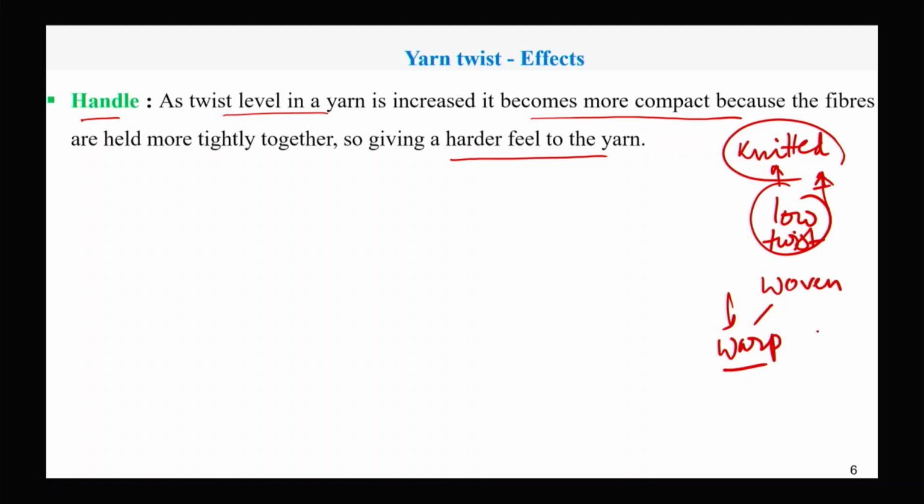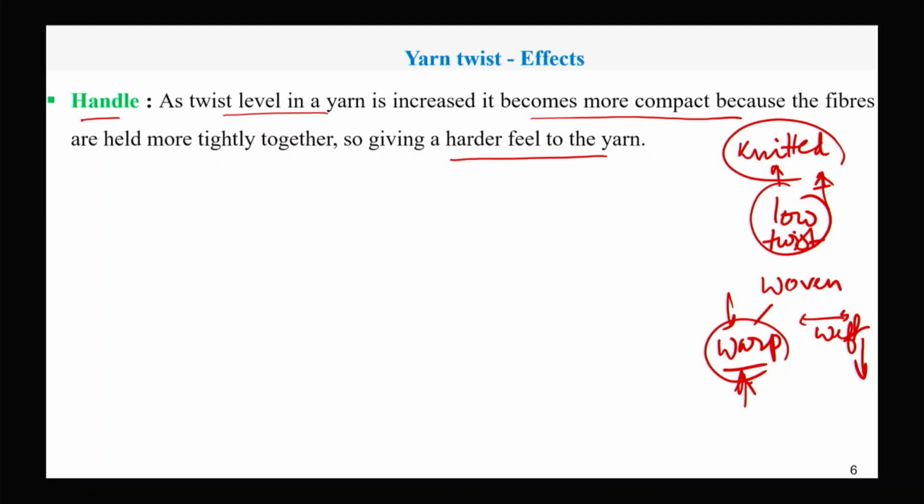But on the other hand, in weft yarn, we don't have that problem. We can just insert the weft yarn. So if there is a variation in twist, warp yarn will be a little bit high twisted and weft yarn will be low twisted.